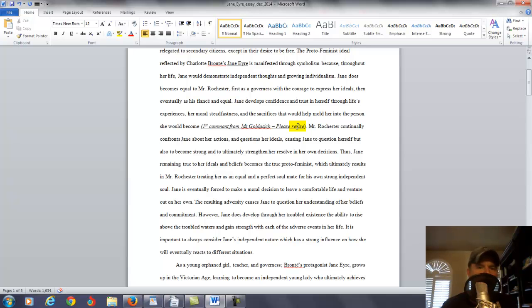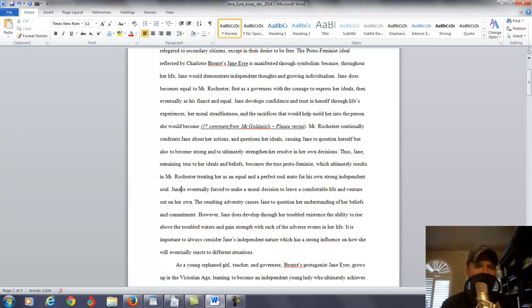Thus, Jane remaining true to her ideals and beliefs. So you want to put a comma here. Jane remaining true to her ideals and beliefs becomes the true proto-feminist, which ultimately results in Mr. Rochester treating her as an equal and as a perfect soulmate for his own strong, independent soul.